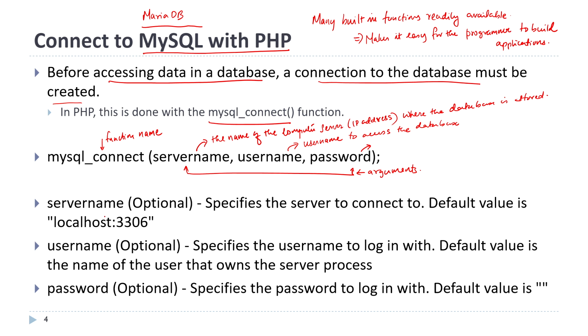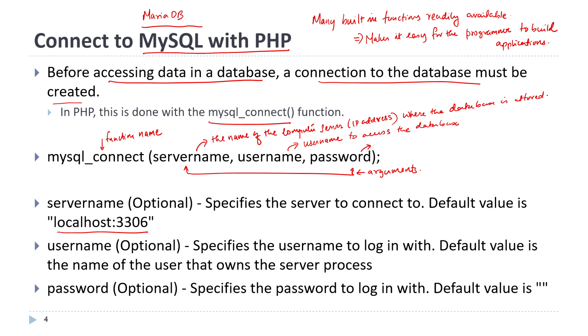As I said earlier, server name is optional. If you don't give it, that's fine, there's a default value. The default value is localhost:3306.